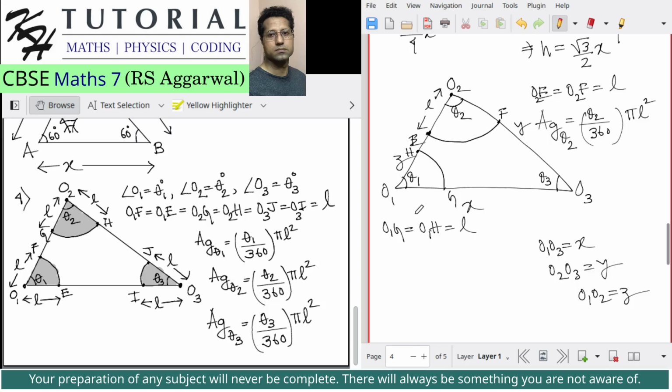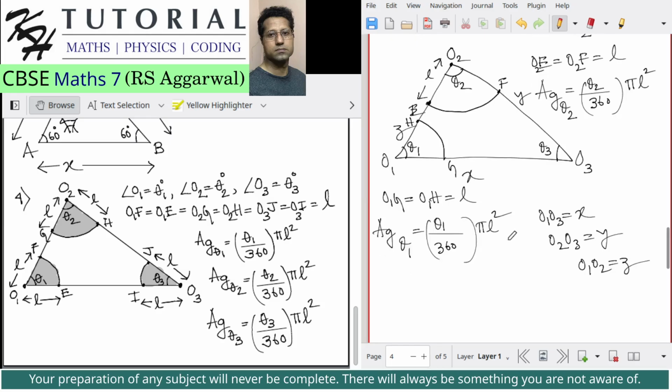The maximum area of the sector when the animal is tied at the vertex O1, where the angle is theta 1, that will be A G theta 1 equals theta 1 by 360 multiplied by pi l square. Similarly, when the animal is tied at the vertex O3, A G theta 3 will be equal to theta 3 by 360 multiplied by pi l square.